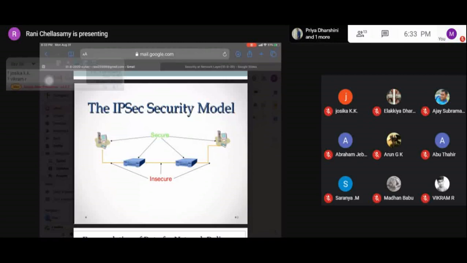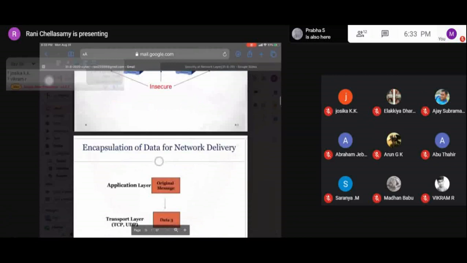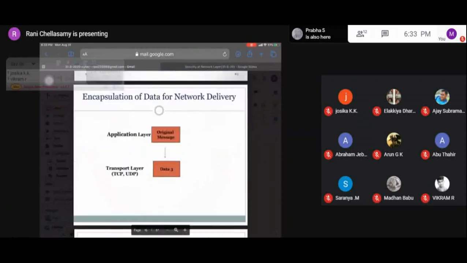In order to provide the security, the IP security protocol is used. Here we can see the encapsulation of data for network delivery. Starting from the application layer, the original message is passed to the layer below, the transport layer, where it reaches as data.